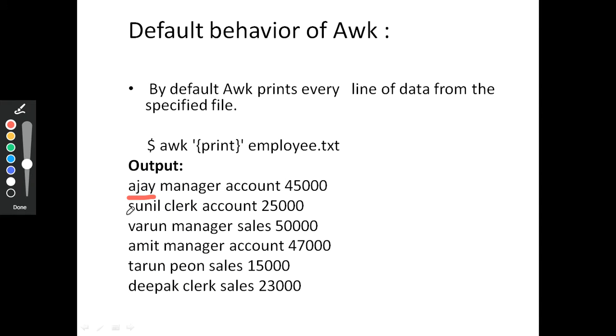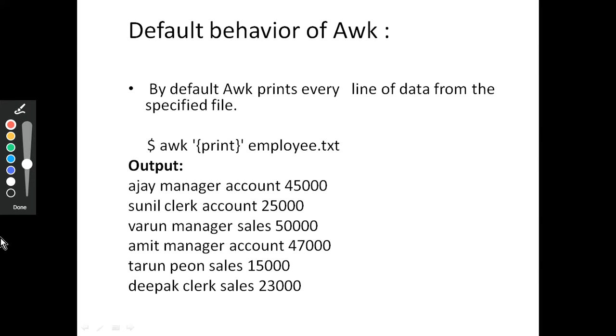As I said, we have the records of various employees. They are stored as different lines, different rows. So all those records will be displayed when we use AWK with the default option, that is print, from the text file employee.txt.